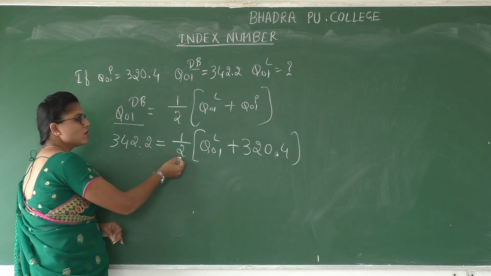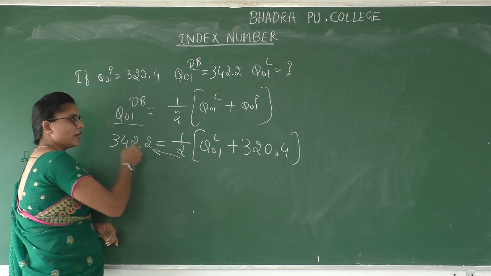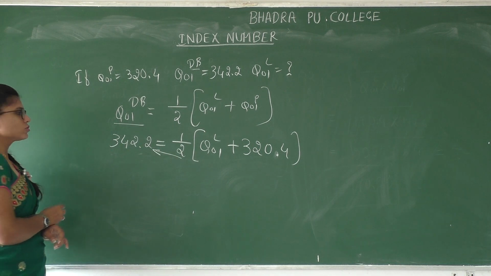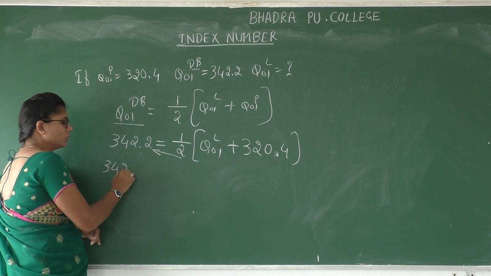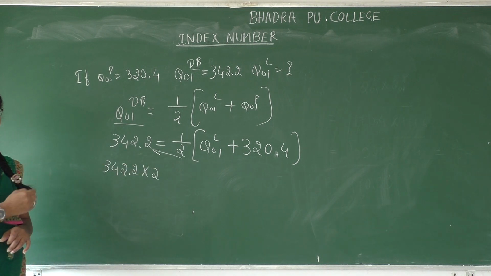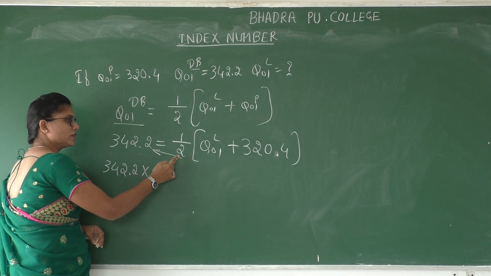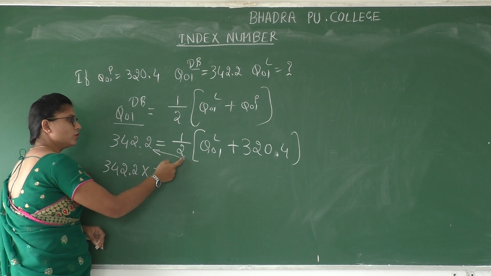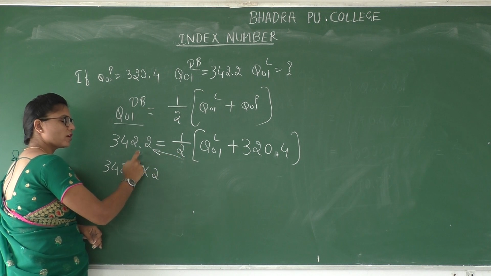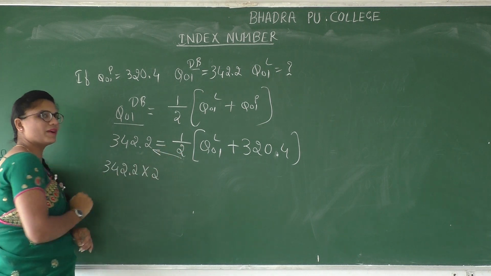First, we need to transfer this 1 by 2 into LHS side, right. So, you will get 342.2 into 2. Do cross multiplication. If you transfer this 1 divided by 2 from RHS to LHS, this divided by will become multiplication.